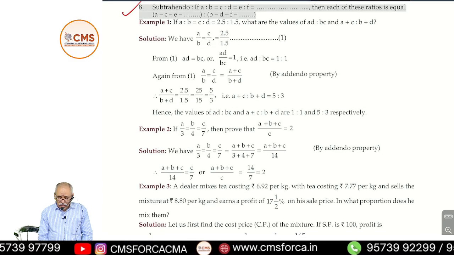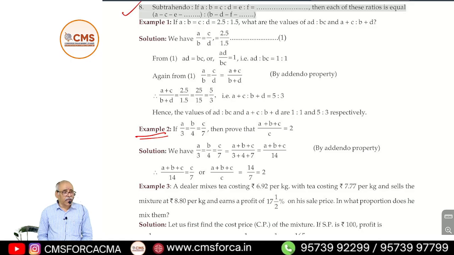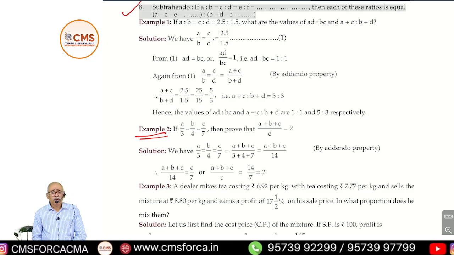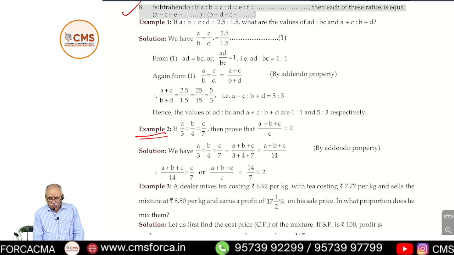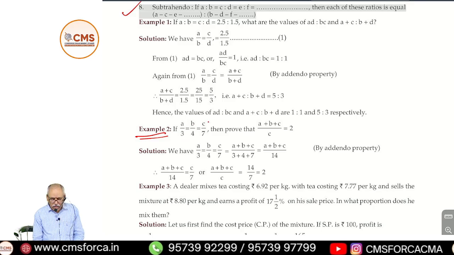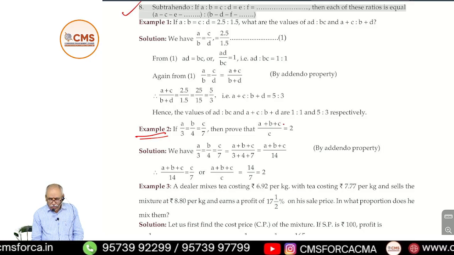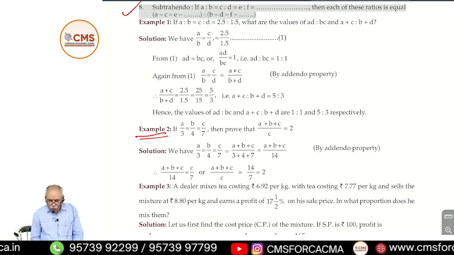Let us see example 2. This problem is a little bit important from the public examination point of view. What is given here? a by 3 equal to b by 4 equal to c by 7. Then prove that a plus b plus c by c equal to 2.